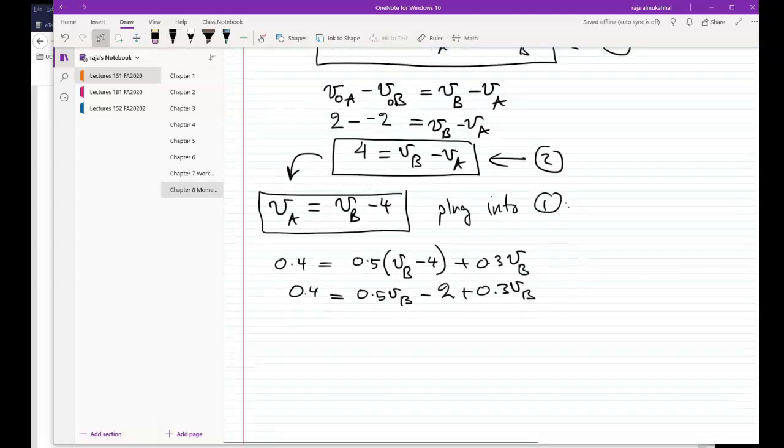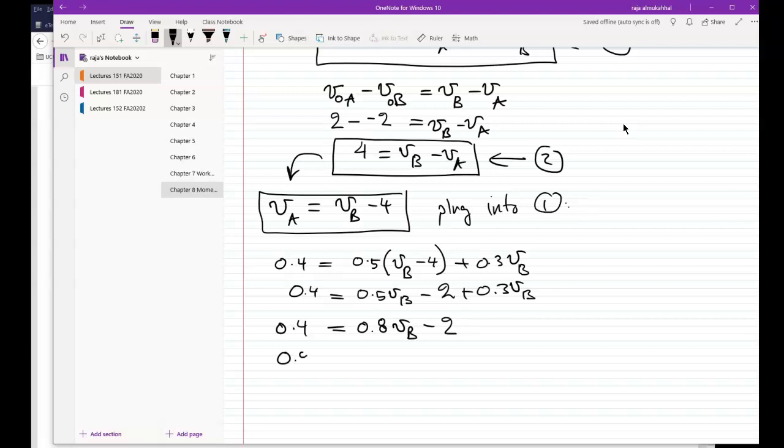What does that give me? 0.5, that will be 0.8 VB minus 2 and a 0.4 here, and 0.8 VB equals 2.4.